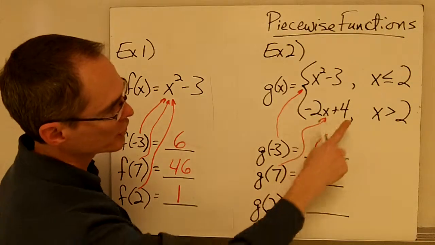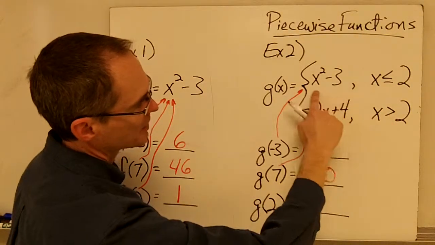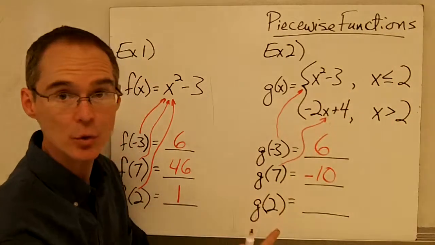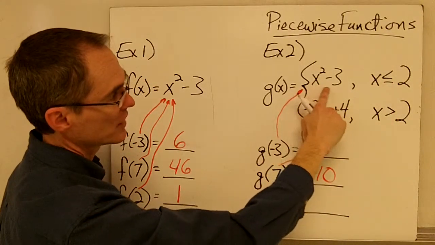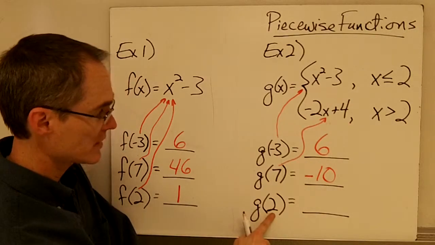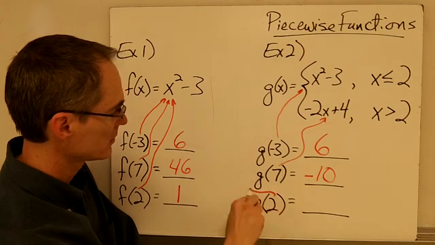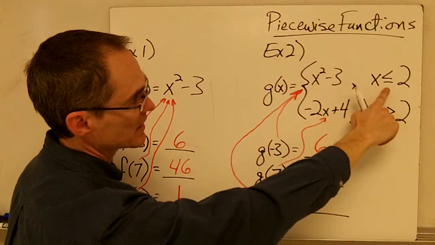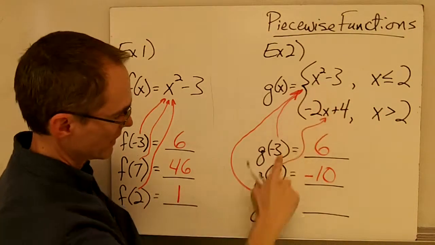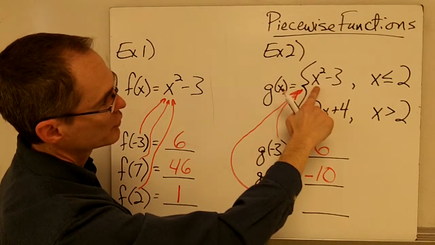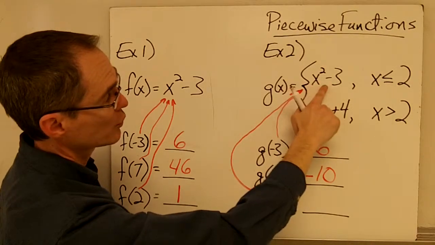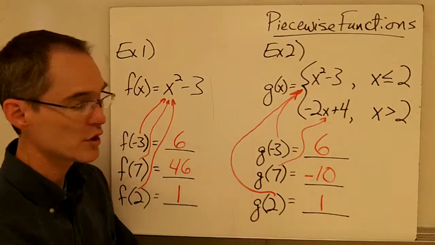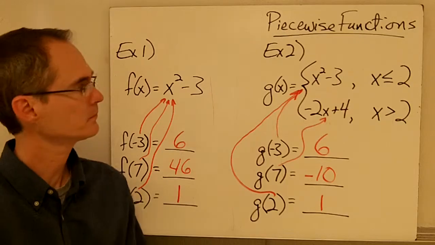Since x is equal to 2, I'm going to use this top part of the function, because if x is less than or equal to 2, then the function is x squared minus 3. So x equals 2 gets plugged in up here. That's 2 squared minus 3, so that's 4 minus 3, which is 1, and g of 2 is equal to 1.